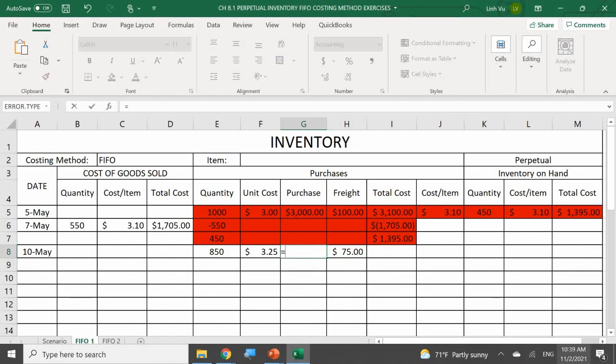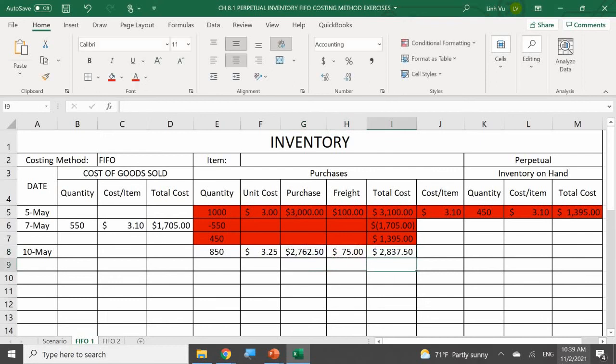So what's my purchase price going to be here? $2,762.50. Good. Plus my freight of 75. $2,837.50. Good.